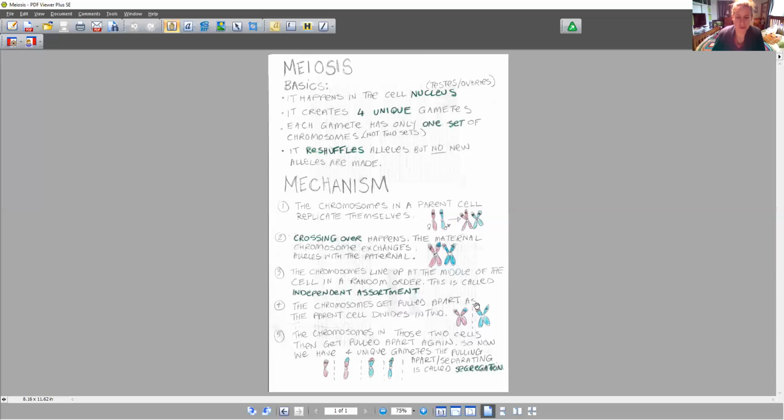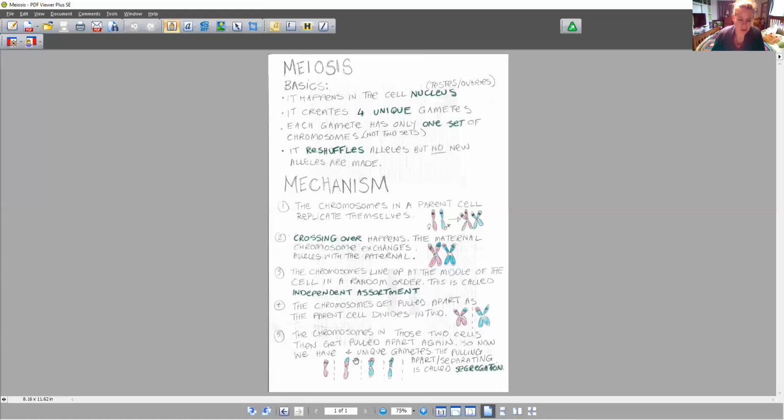Okay. Step 5. The chromosomes in those 2 cells get pulled apart again, so you're going to get new membranes forming. So now we have 4 unique gametes.